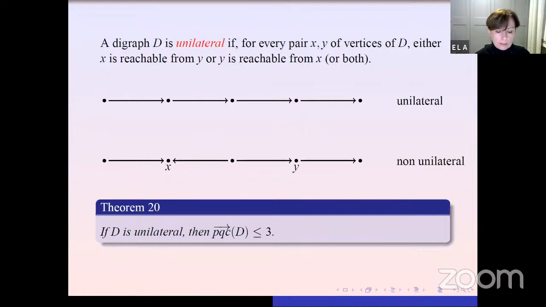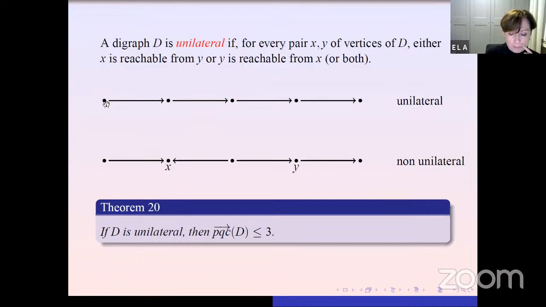So let's consider the family of unilateral digraphs. The digraph is unilateral if for every pair of vertices x and y, either x is reachable from y or y is reachable from x or both. So for every pair of vertices, there must be a path from one vertex to the other or from the other to the one.